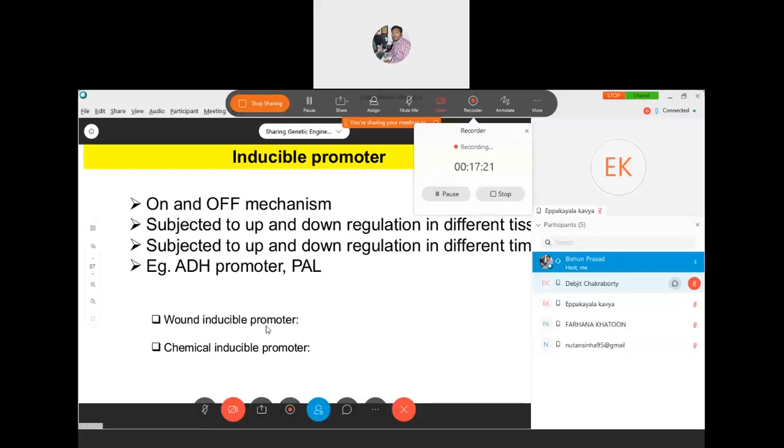Suppose you are working with insect resistance. When a plant is standing and there is an infestation of any insect, the first thing they will do is make an injury to the plant.